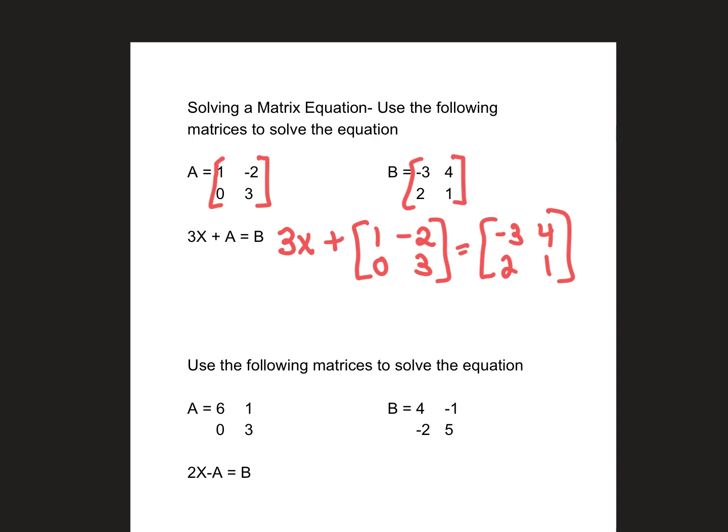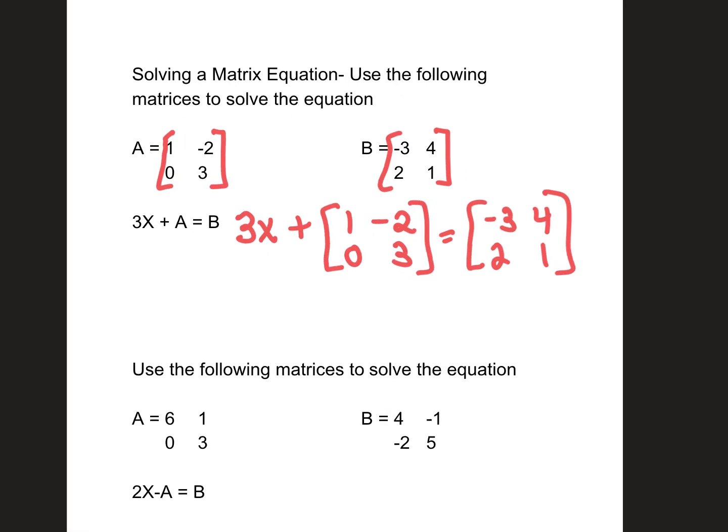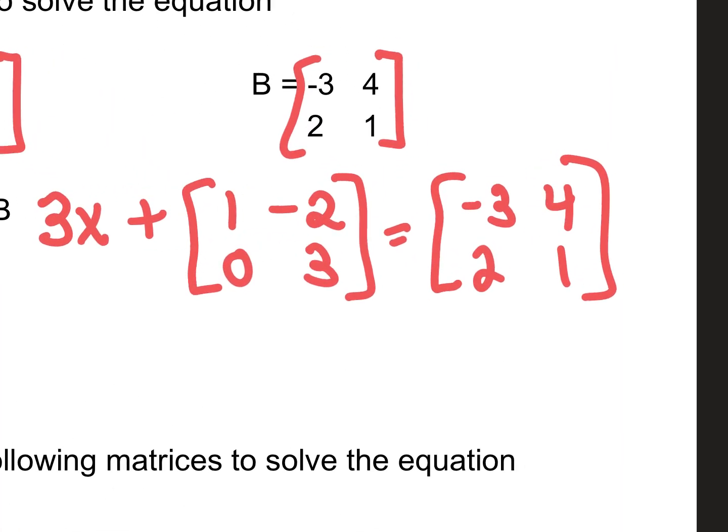Okay, and we solve these essentially exactly like you would solve anything else. So in order to get 3x by itself, we are going to subtract this matrix. I'm going to write it a little bit smaller here because I don't have a ton of room. 1, negative 2, 0, 3. We're going to subtract that, and those are going to cancel out here. And then we're going to subtract the same thing on this side.